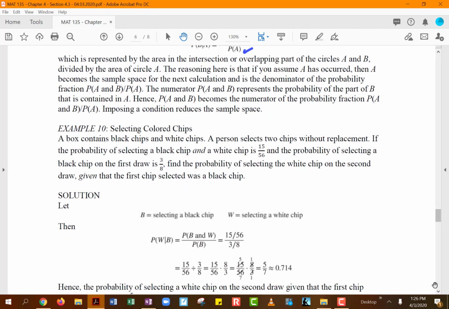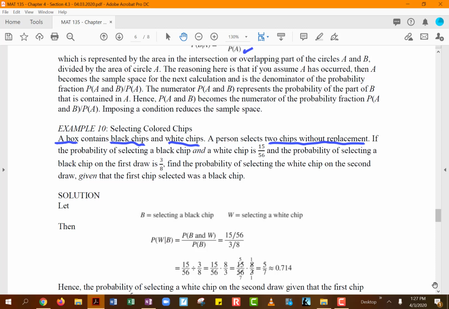So I want to look at our example 10 over here and look at how we can calculate these conditional probabilities. So we're back to looking at colored chips. So you have a box that contains black and white chips. So they're saying a person selects 2 chips without replacement.